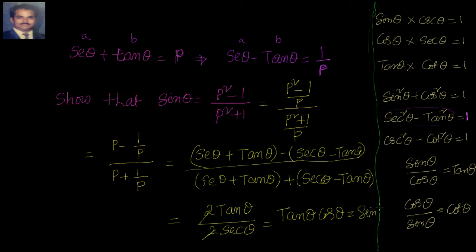Because tan is sine by cos, cos cancels, you will be left with sin theta. This is the easiest way of doing this problem. Instead of you going ahead and substituting secant theta plus tan theta whole square minus again 1, you put down secant square theta minus tan square theta. This is the easiest way of solving it.